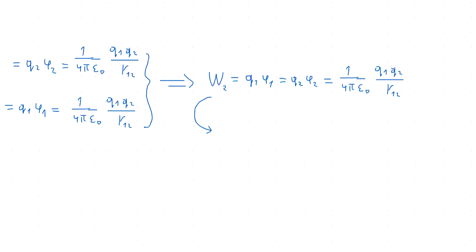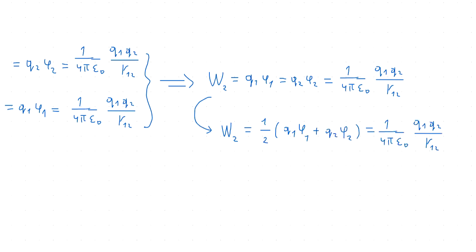It will be W2 is equal to 1 divided by 2, Q1 Phi1 plus Q2 Phi2. And it will be equal to this. Okay, do you have any questions?